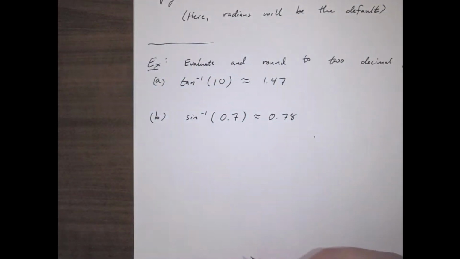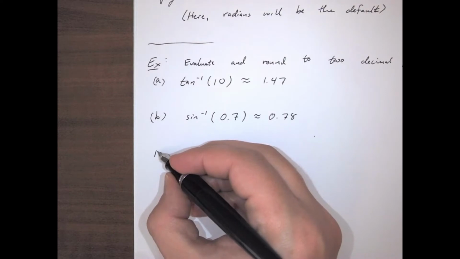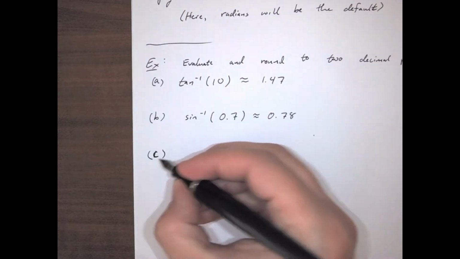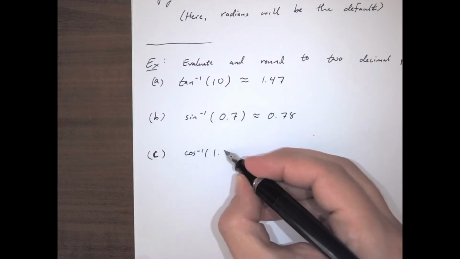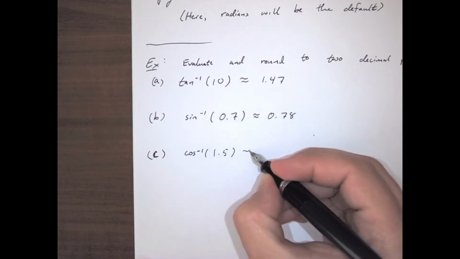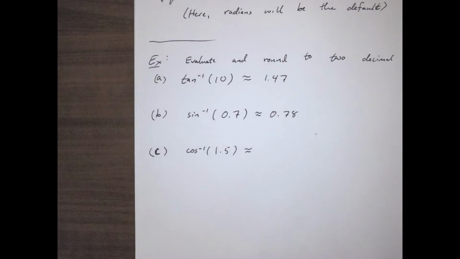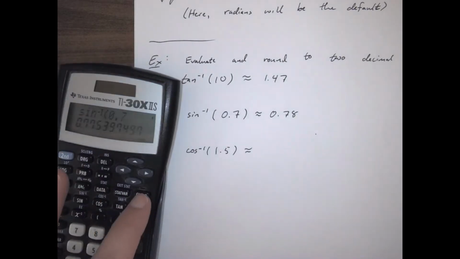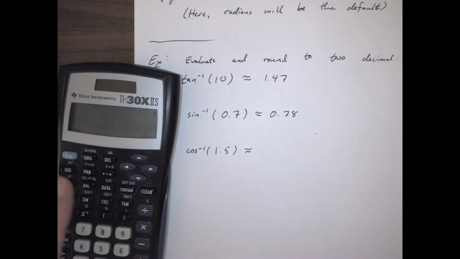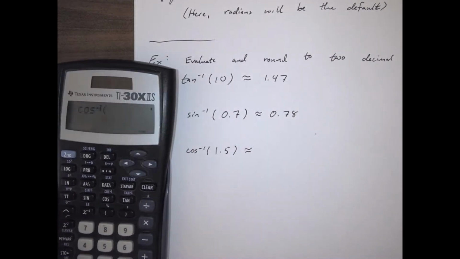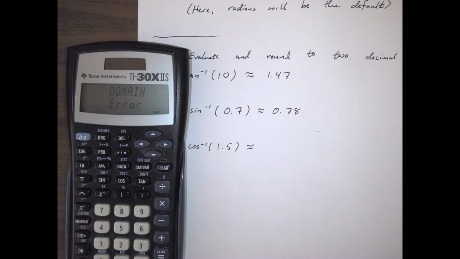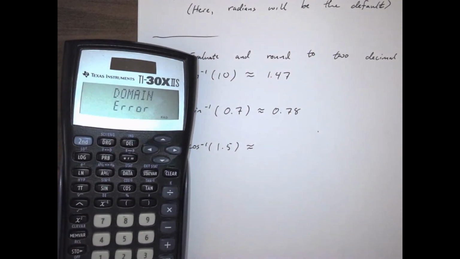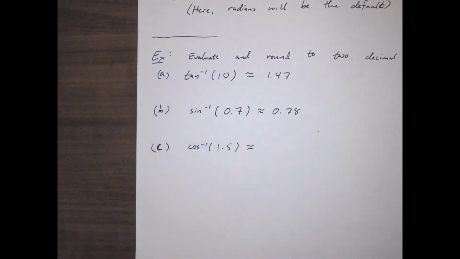And then, just as a last one, let's have a trick question. Cosine inverse of 1.5. Here I go, not suspecting any trick has been played on me. Cosine inverse 1.5. Enter. And we get a domain error, and that is exactly what just happened here.